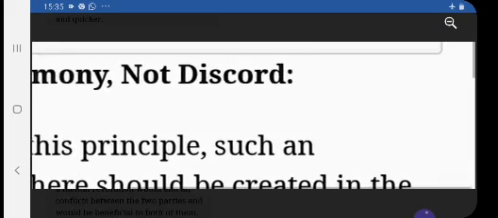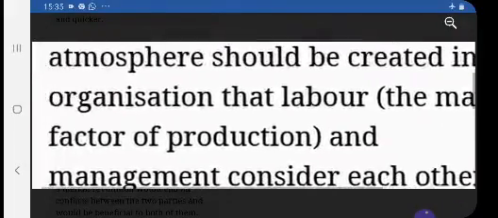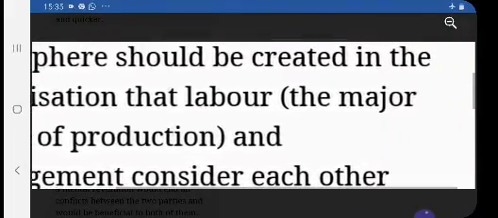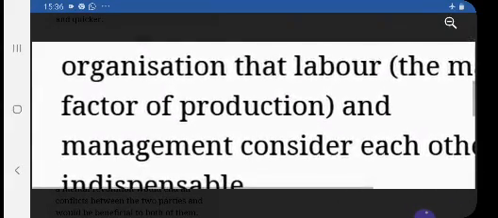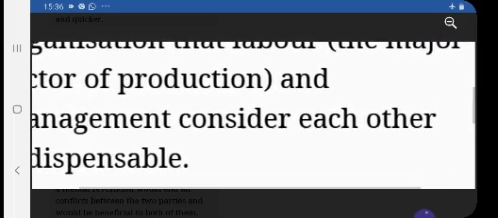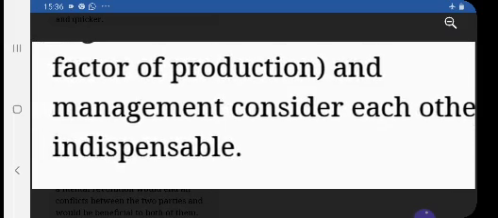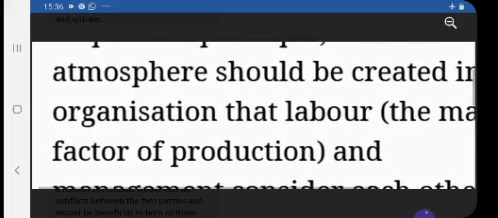As per this principle, such an atmosphere should be created in the organization that the labor, which is a major factor of production, you know well, and the management consider each other indispensable, meaning they all are interdependent, interconnected. Without anyone, production cannot be imagined and the goal cannot be achieved.